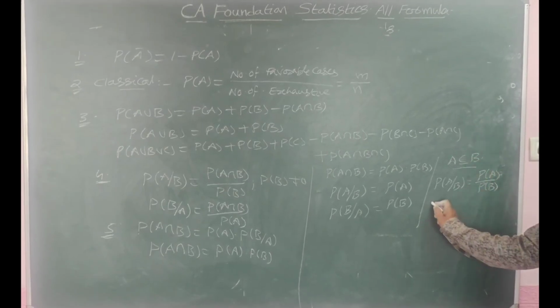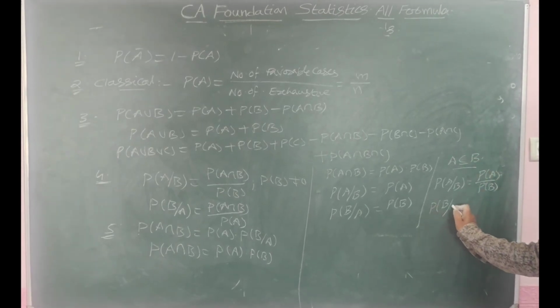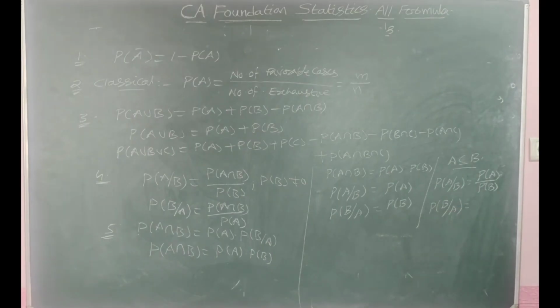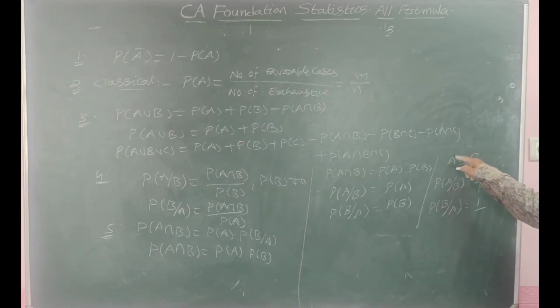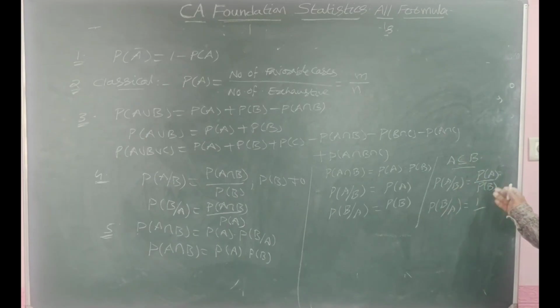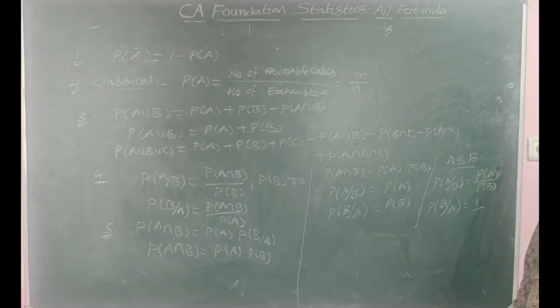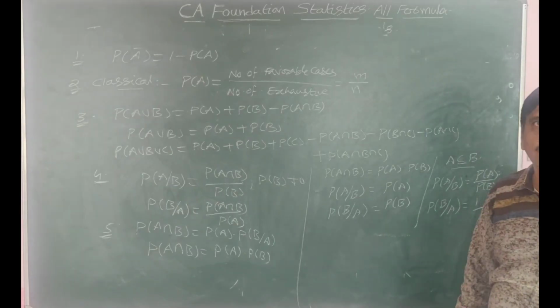And if A is a subset of B, what will be the formula for P(B|A)? P(A) by P(A), that means 1. If B is a subset of A, P(A|B) will become 1 and P(B|A) will become P(B). Okay, these are the formulas in probability.